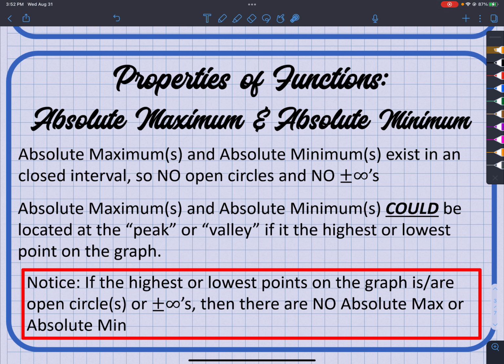It could occur at peaks and valleys, but better yet, it exists in a closed interval, so no open circles and no plus or minus infinities. If it's going towards infinity, there's no absolute max or mins. So if the highest or the lowest point on the graph is or are open circles or going towards positive and negative infinity, there are no absolute max or mins.